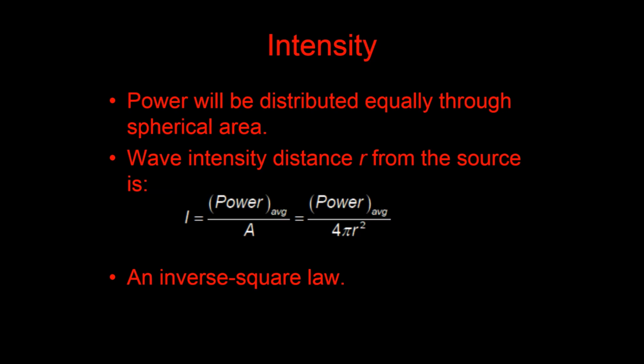So power is simply divided by the spherical area. This is being pointed out because this is an inverse square law, something you'll see later for light. This is essentially a wave spreading out as an inverse square, getting further apart and more rarefied as it moves through the atmosphere.